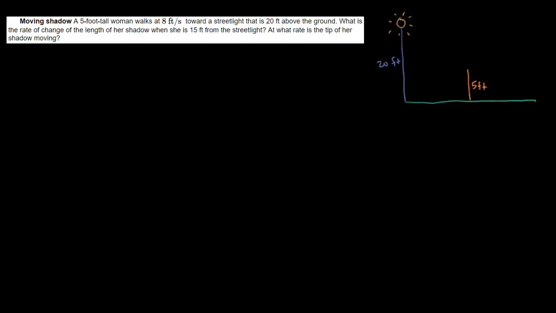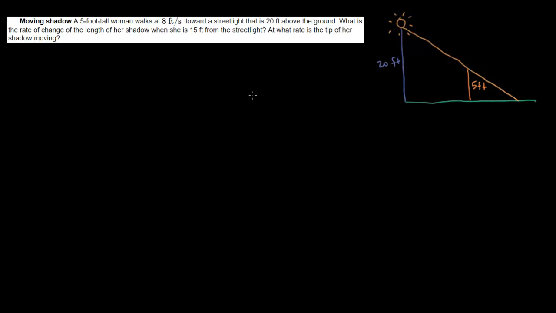So we have these rays of light coming like this, and her shadow is going to be this distance right here. The base of this little triangle is going to be her shadow. Because there's going to be light over here, maybe light over here, but maybe blocked in this case. So this is basically what's going on here.